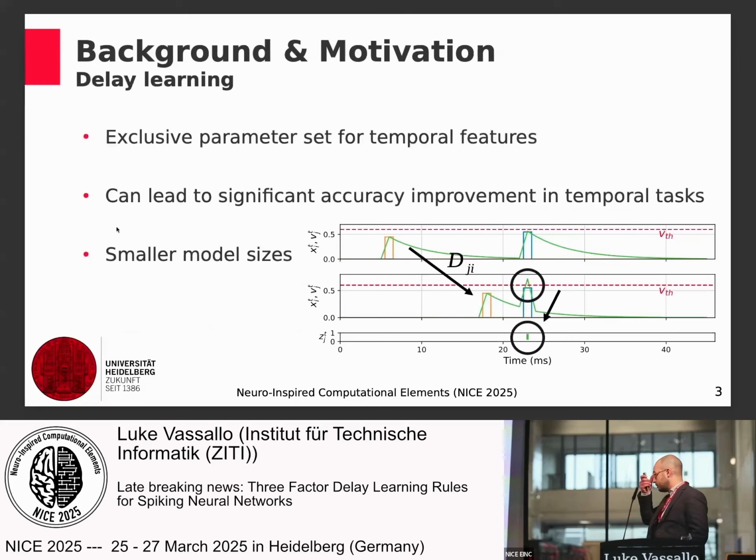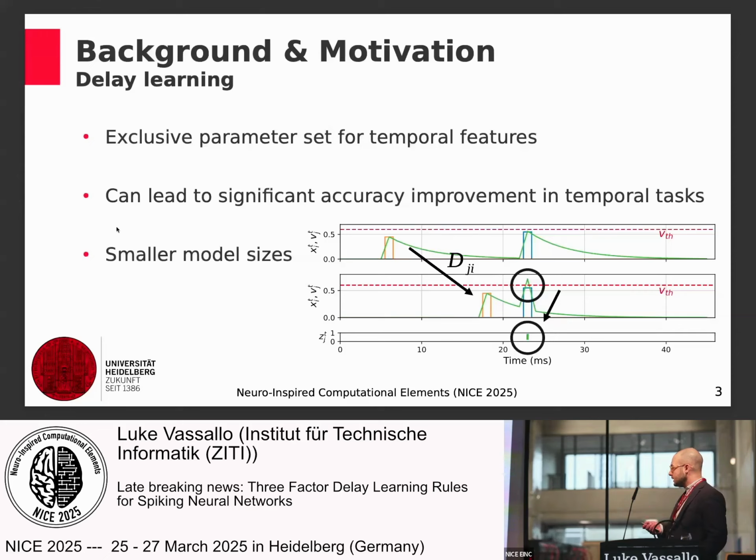The second aspect of this work is the delays. Spiking neural networks are able to process both time and space, but the parameters that can contribute to temporal pattern recognition lie in the neuron parameters.